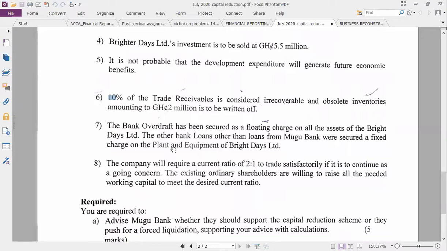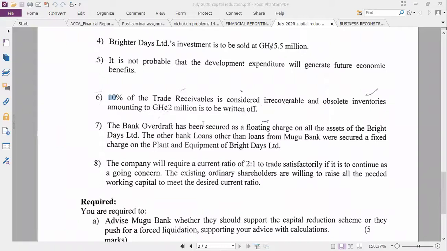The bank overdraft. Okay, great. Note 7.